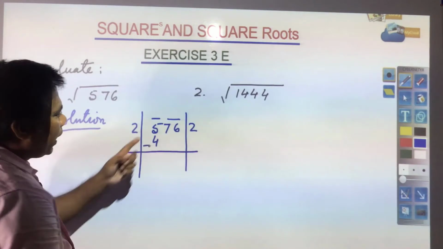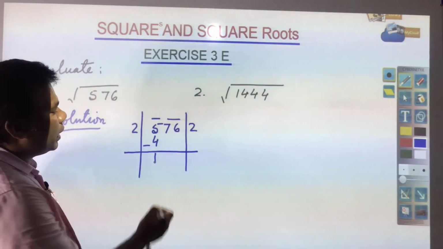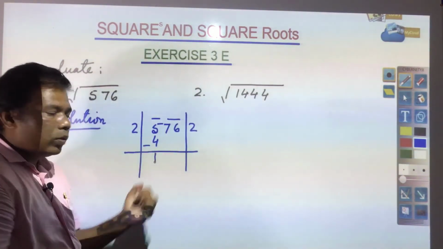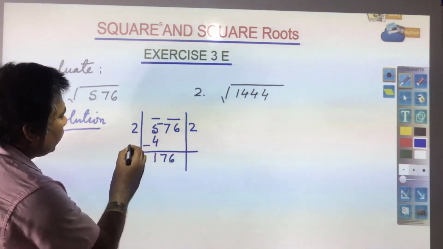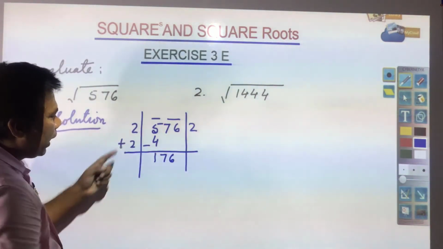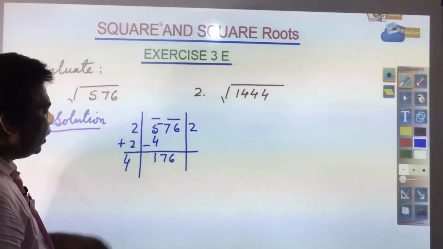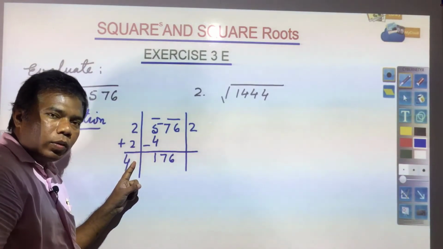Then we need to subtract this, what we will get? 1. The next period is required to be taken down. So, the next period means 2 digits you have. So, this is 76. Now, this 2 is required to be written over here and added. So, 2 and 2, 4. Now, here again you need to see what number we will put over here.